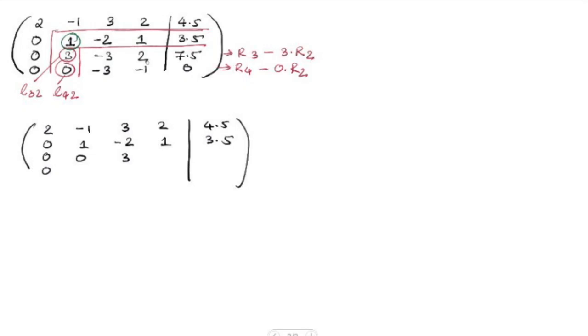Then here we have 2 minus 3 times 2, which is... okay, so it's 2 minus 3 times 1, so that's minus 1. And then here we'll have 0 minus 0 times root 2, so we don't have to do anything, which is 0 minus 0, which is 0.